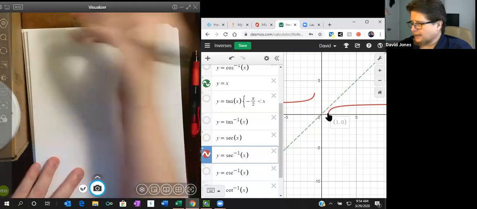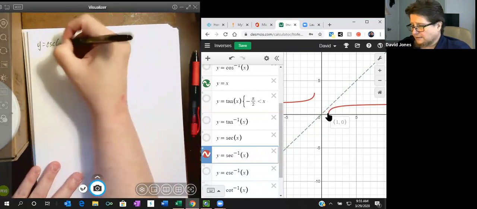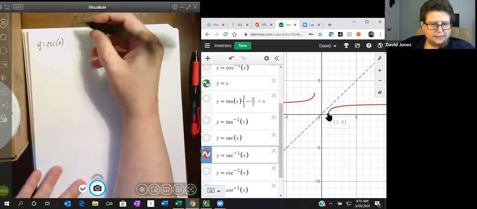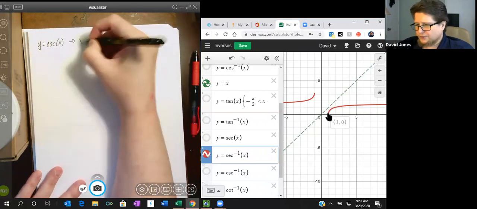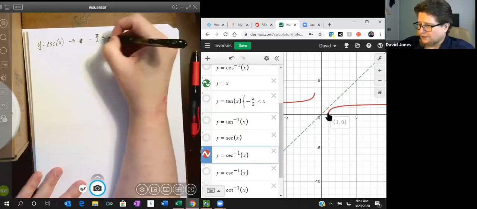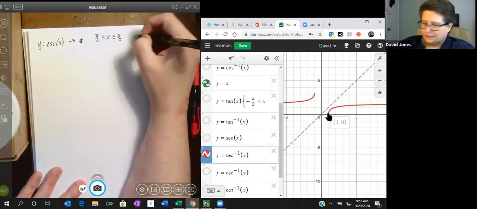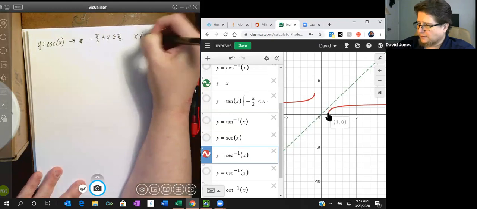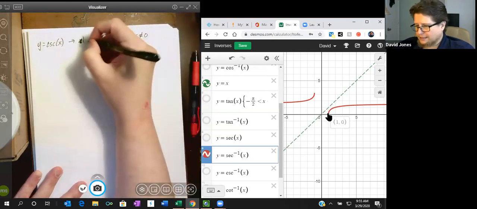So we've got cosecant. Cosecant x is similar. Its x values go from negative pi over 2 to pi over 2, but x cannot equal 0. And that was our domain.